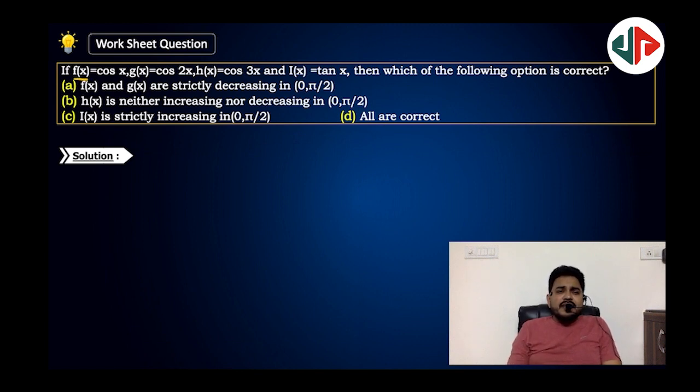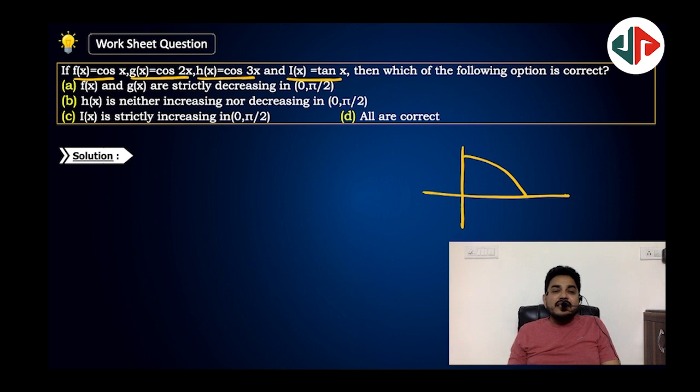f of x is equal to cos x, g of x is cos 2x, h of x is cos 3x, i of x is tan x. Then which of the following is correct? 0 to pi by 2. I want to go for cos x, 0 to pi by 2.